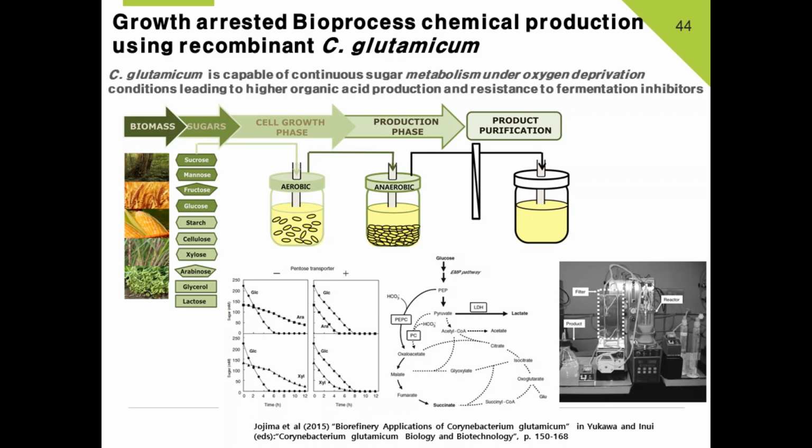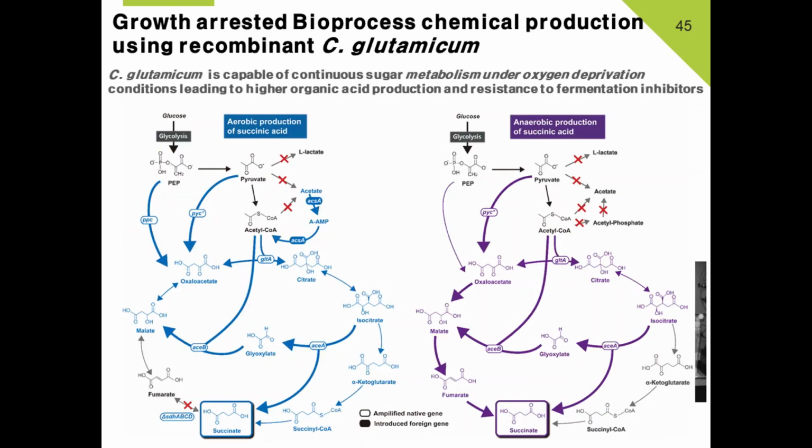You just lower the oxygen supply into the fermenter so that it becomes anaerobic. So this is an example of succinic acid production under aerobic and anaerobic pathways. This figure just shows you the active pathway under the different conditions.